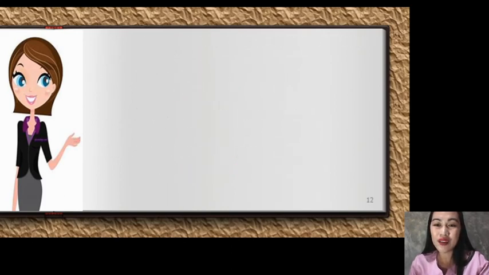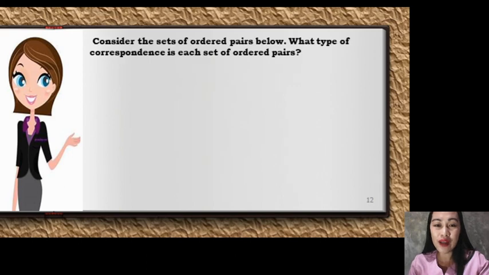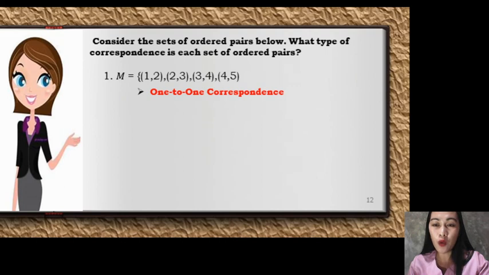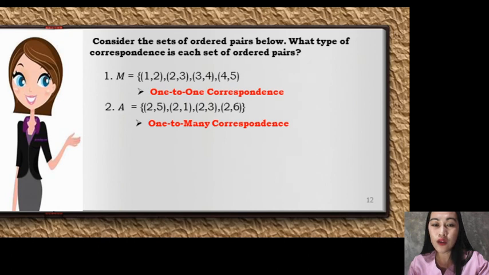Next, determine what type of correspondence the following sets of ordered pairs are. First, we have set M. It is a one-to-one correspondence. How about set A? We have one-to-many correspondence.